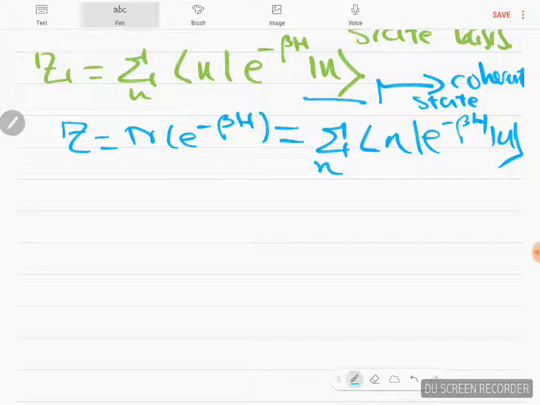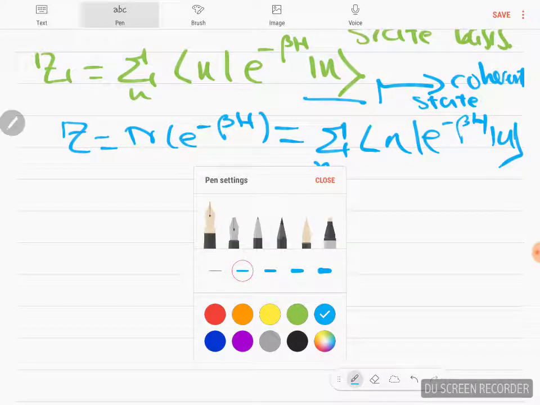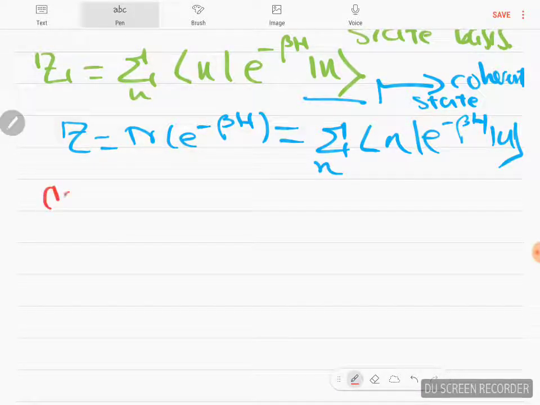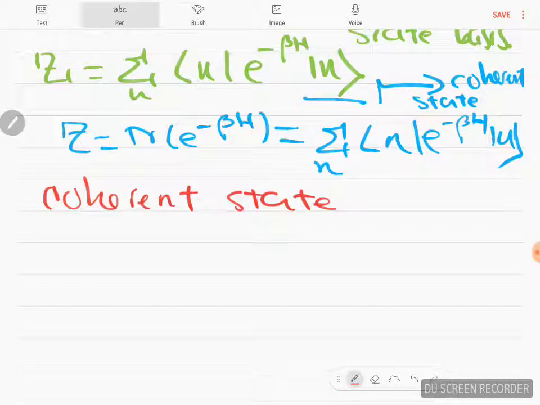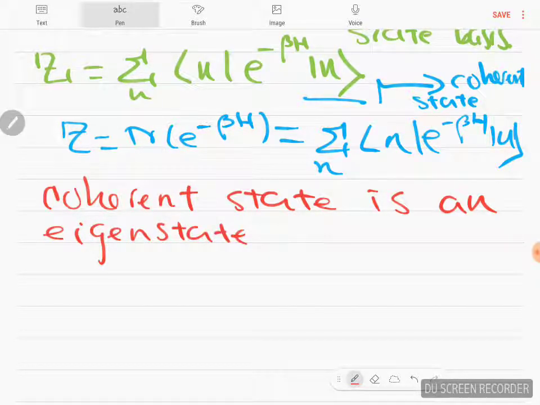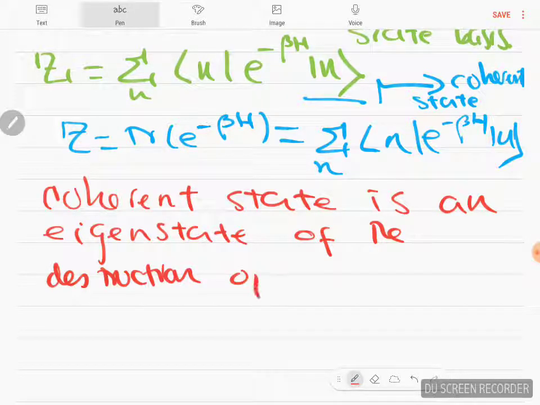So what is the most classical state that we can choose to calculate this partition function in that specific representation? That will be the coherent state. A coherent state is by definition an eigenstate of the destruction operator.